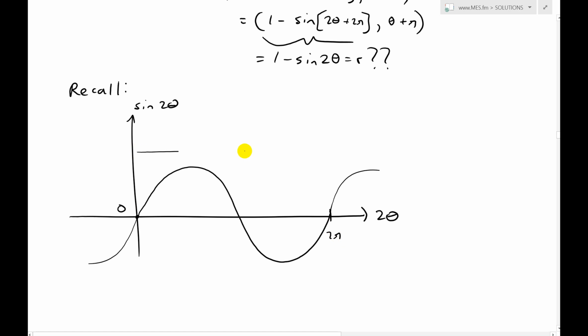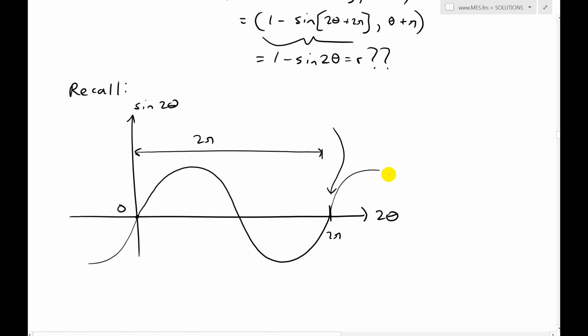So recall that the period, and we're just using 2 theta as the x-axis, just to have the same variable there. It could be any variable, but I'm using this one just for convenience. So now this period is 2 pi, and then it starts repeating itself right here. So from here to here is exactly the same thing.